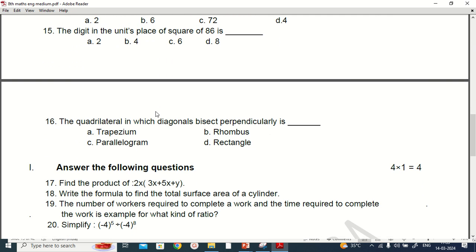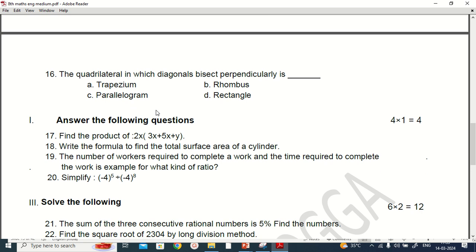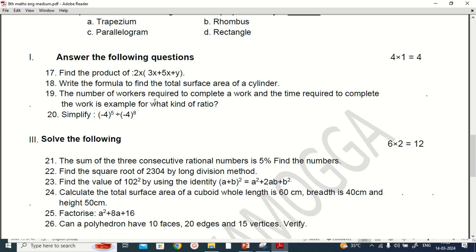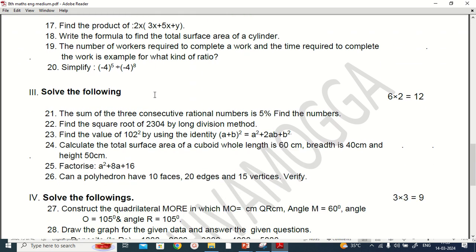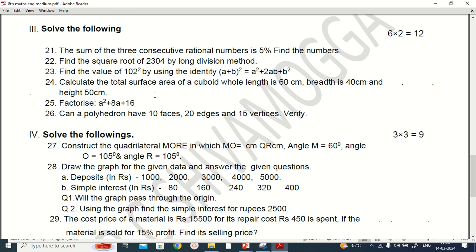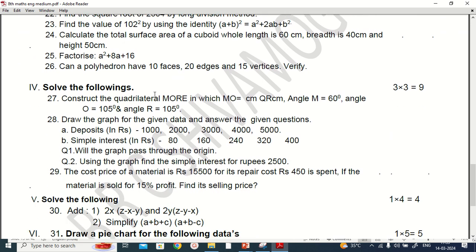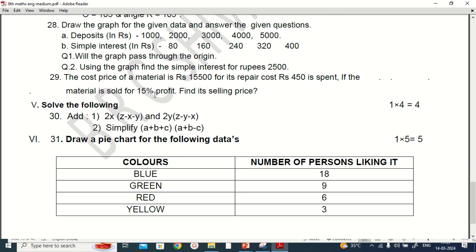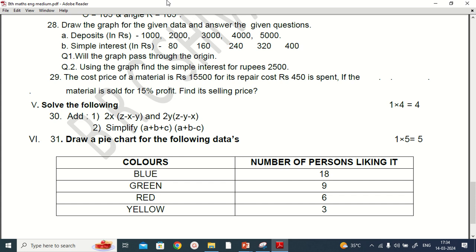These are MCQ questions, and I will explain how to get the answer for MCQ questions. Also, 4 one-mark questions, 6 two-mark questions, 3 three-mark questions, 1 four-mark question, and 1 five-mark question are there. So this is the complete question paper. Now we are moving to how to get the answers for these questions.